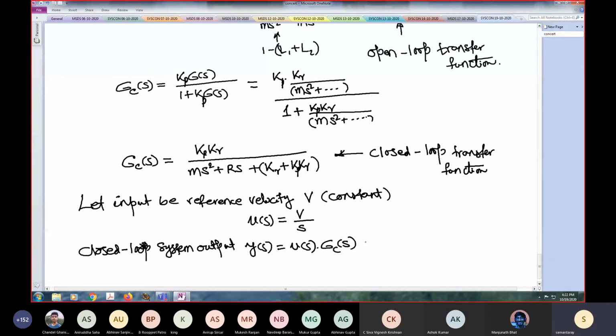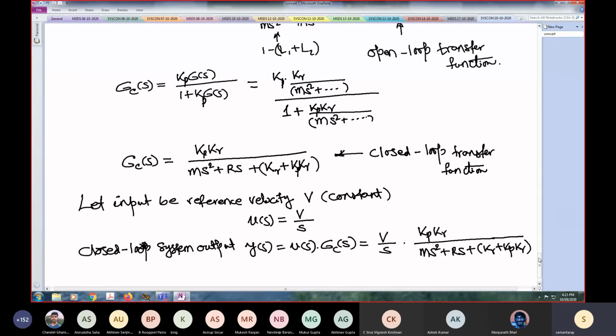So how much is it? V by s into Kp Kr by ms square plus Rs plus Kr plus Kp Kr. This is our output transfer function of the closed loop system.